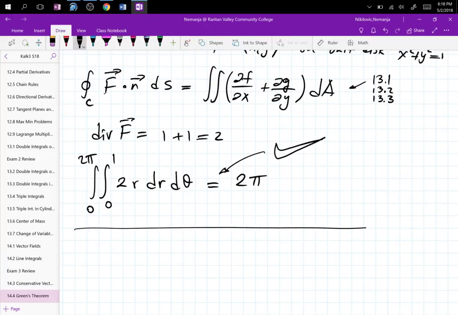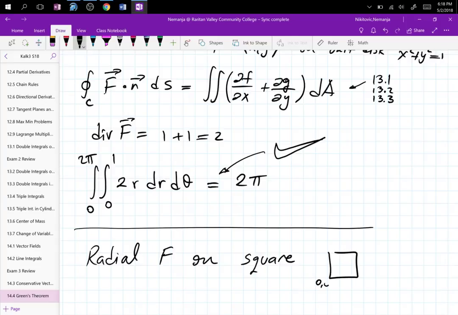To outline another problem, you could have, let's say, the radial field on a rectangle with corners 0 0, 3 0, 3 2 and 0 2.